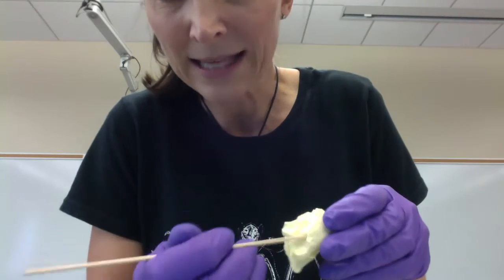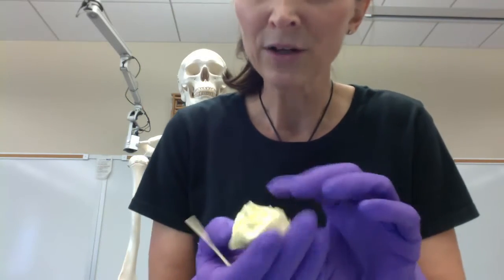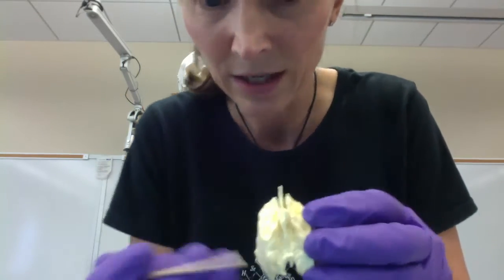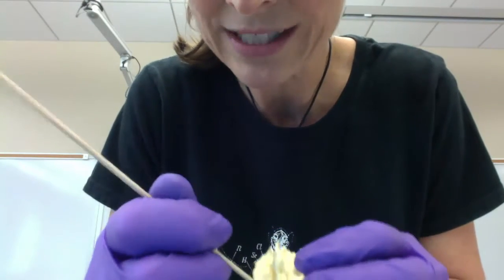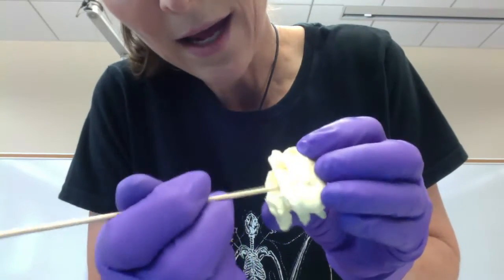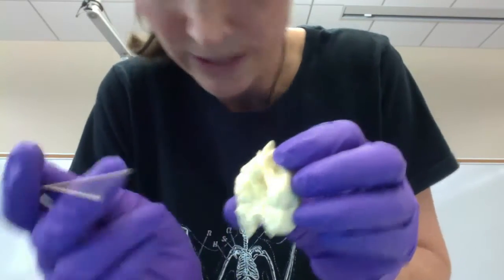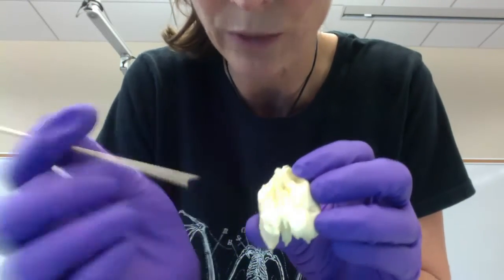But the cool part about this is that you can see this little part that sticks up called the crista galli. And then on either side of that, you have these little bony plates with holes in them that we call the cribriform plate. And again, that is where the olfactory nerves will run through.